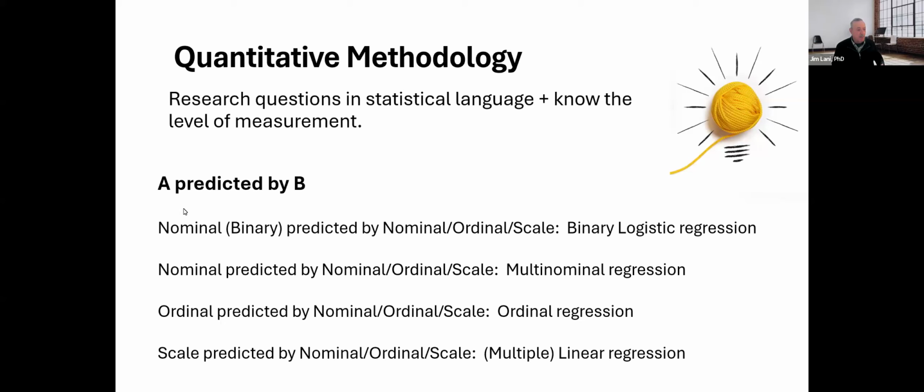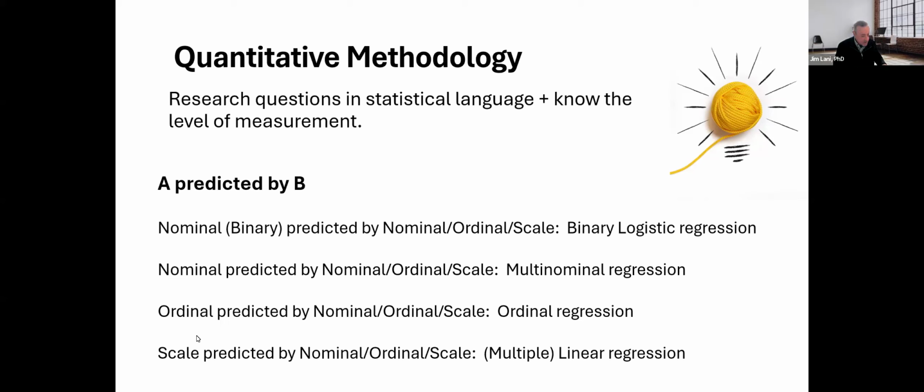If your outcome variable, also called the criterion variable or dependent variable, is binary, I want to predict live, die, success, non-success, I'm in binary logistic regression. If your outcome variable is nominal with more than 3 levels, I want to predict Republican, Democrat, Independent, by any kind of variables, I'm in multinomial regression.